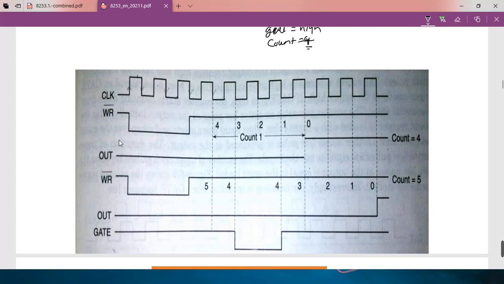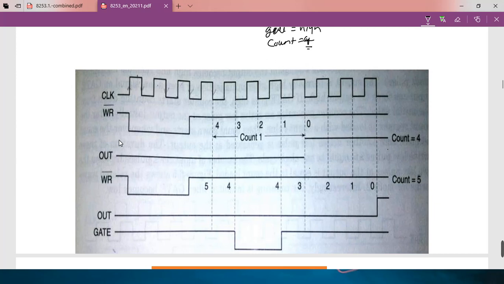When the gate pulse is high again, at the first negative edge of the clock it starts counting from where it left off, that is 4. Then 3, 2, 1, and when it reaches 0, the output goes to high.